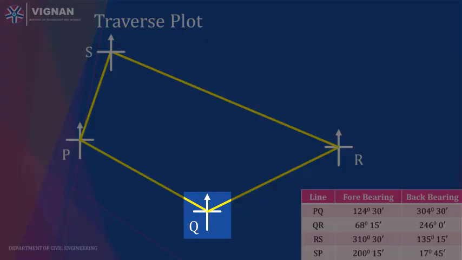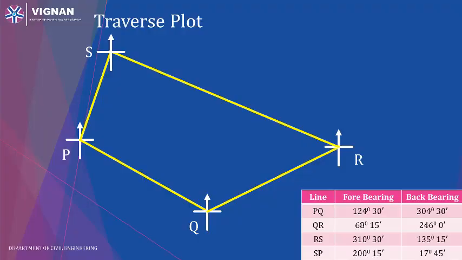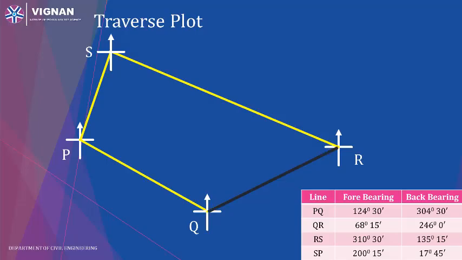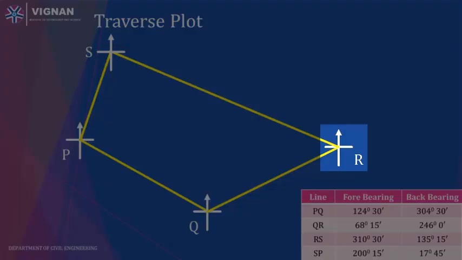Let us mark the end point at Q. From Q to R, the given data is 68 degrees 15 minutes. Draw a line QR of approximate distance such that it makes an angle of 68 degrees 15 minutes whole circle bearing. Now let us mark that end point as R.